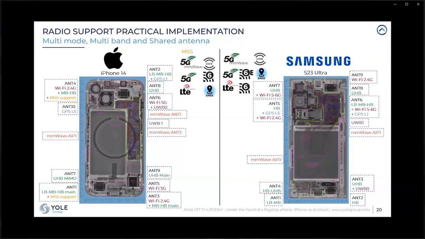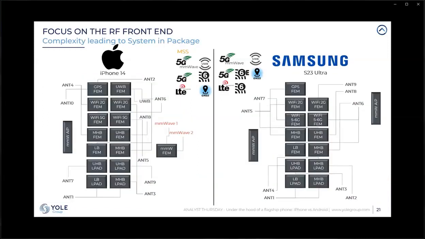There is a lot of antenna sharing, and looking at the front-end modules, you need to connect these different antennas to the different front-end modules for different radio standards, as I said, so 4G and 5G, and the Wi-Fi is also connected to different front-end modules.